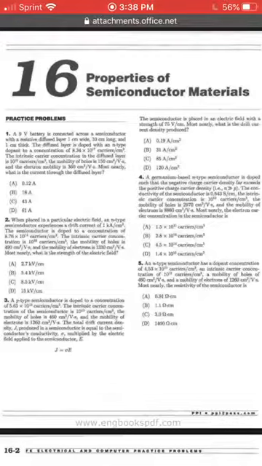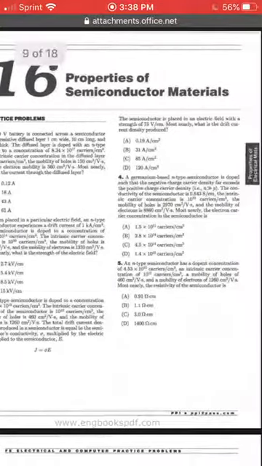The mobility of electrons is 1260. And our total drift current, J, produced in a semiconductor is equal to the semiconductor's conductivity, sigma, multiplied by the electric field, just like in the previous problem. Now, the semiconductor is placed in an electric field with a strength of 75 volts per centimeter. Most nearly, what is the drift current?